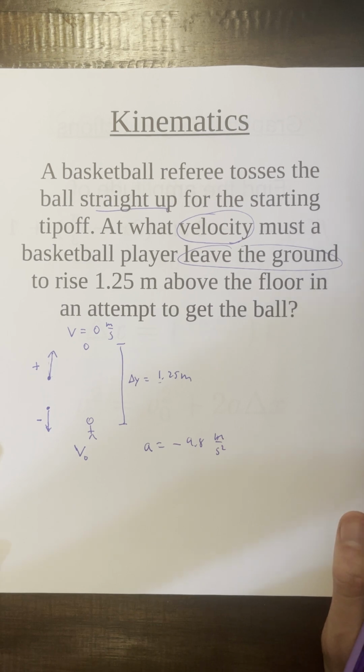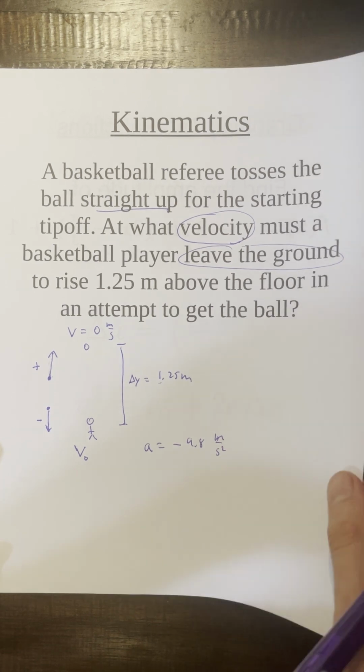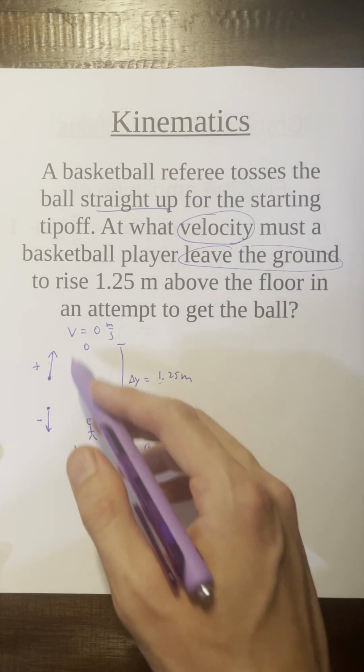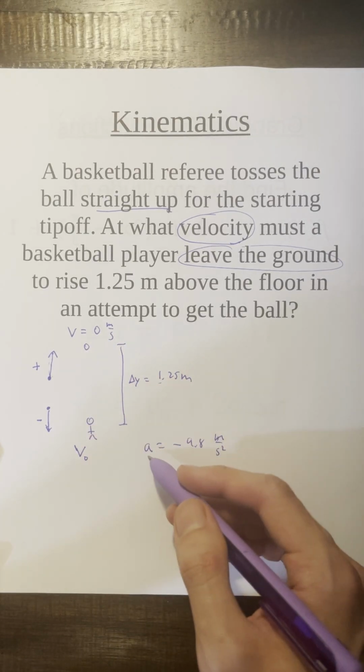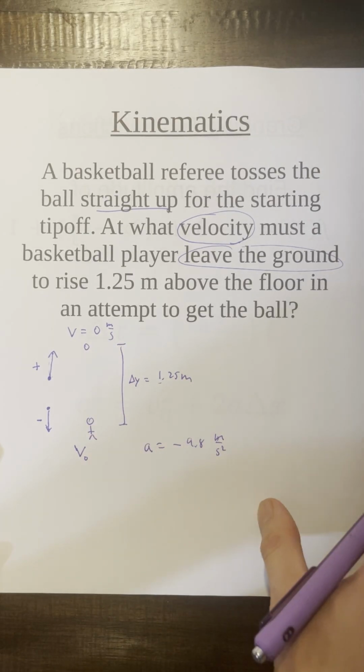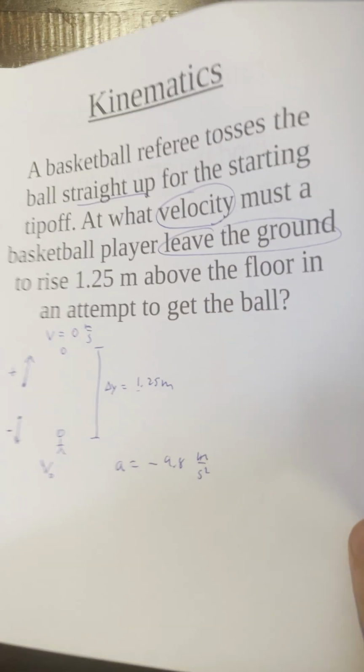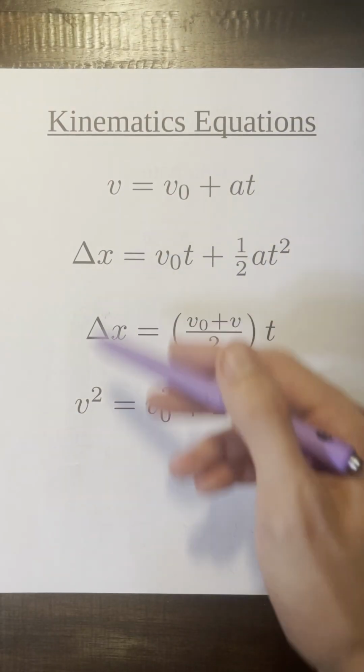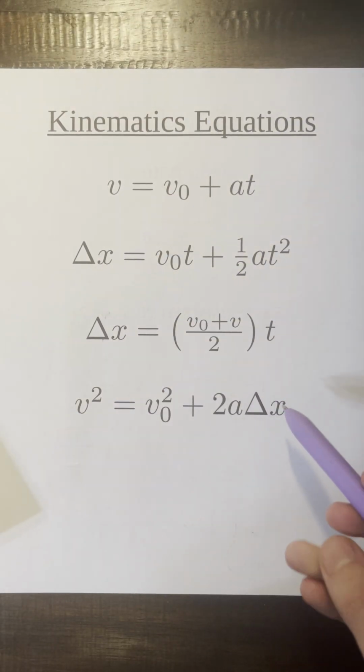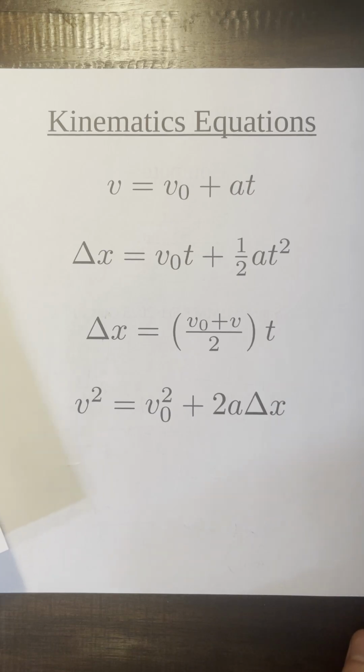Okay, so we need an equation that has v naught, v, delta y, and a. Well, we don't have delta y in these equations, so just look for delta x instead. So we need an equation with v, v naught, delta y, and a.